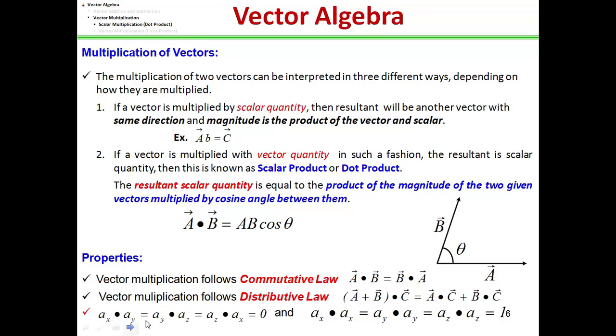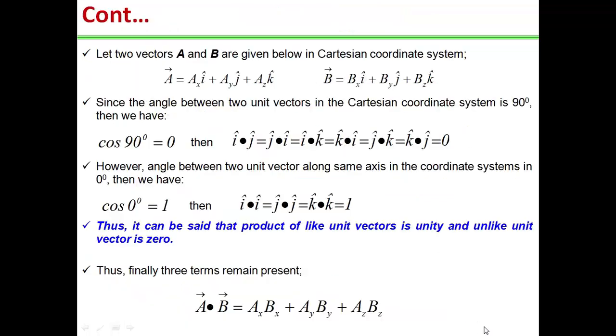Similarly, Ay dot Az and Az dot Ax will also be 0, and Ax dot Ax, Ay dot Ay or Az dot Az will give 1, because the angle between unit vectors along the same axis will be 0. So cos 0 will give 1 and the resultant will be 1.